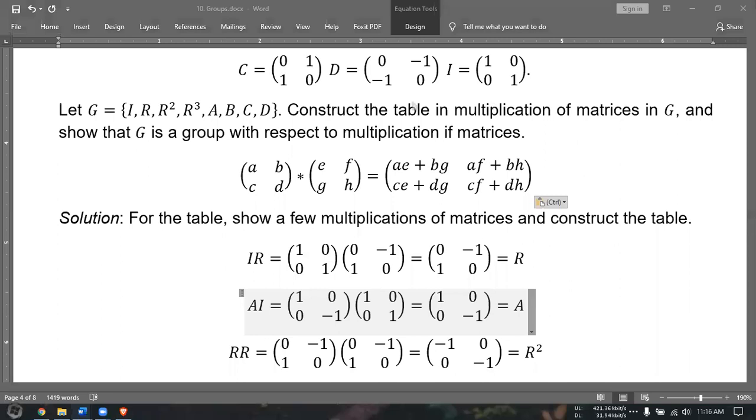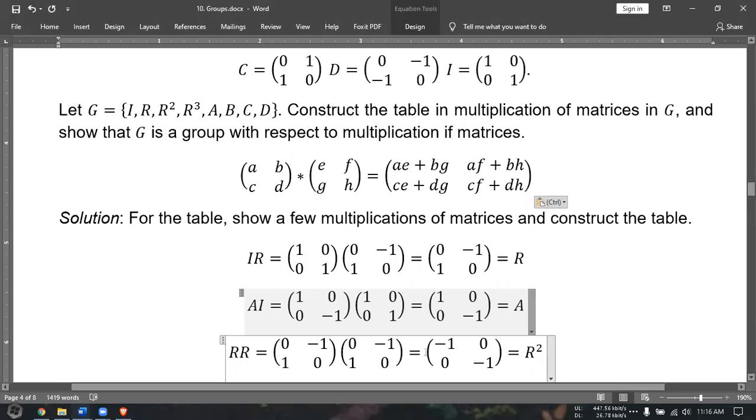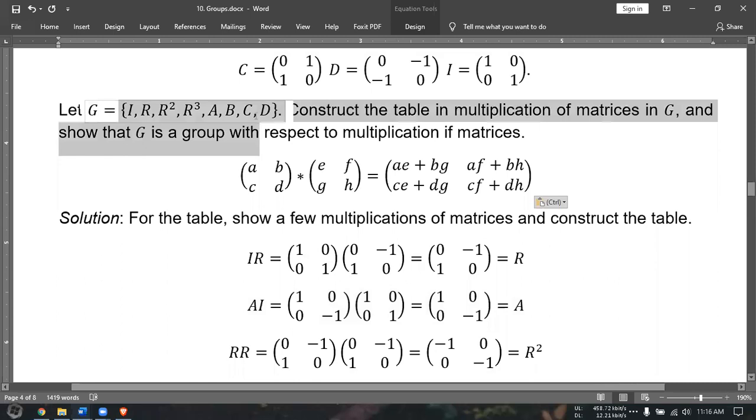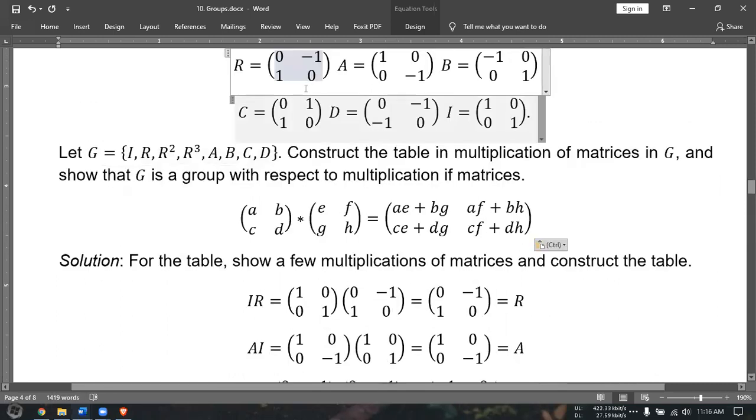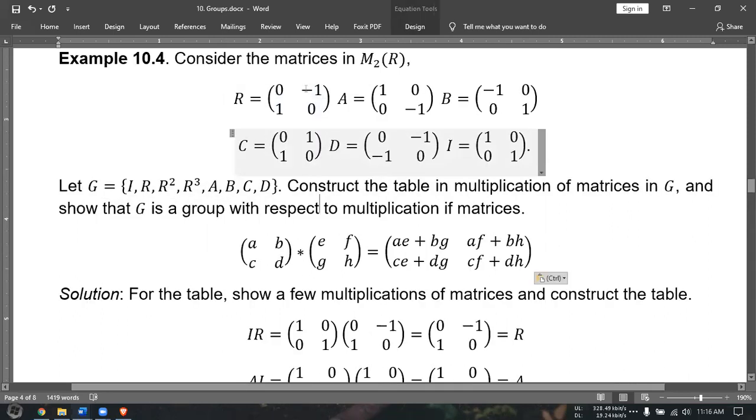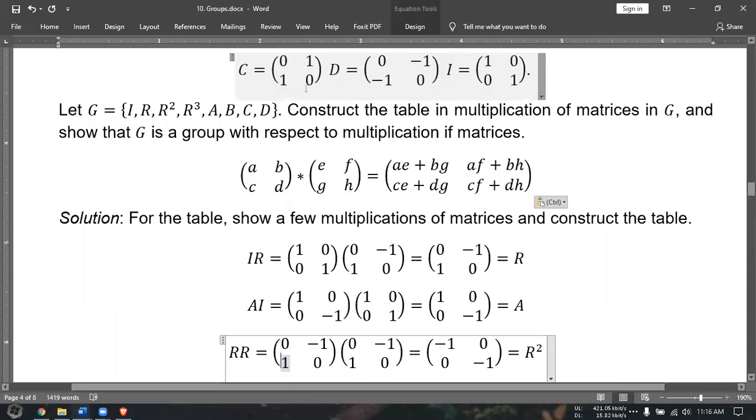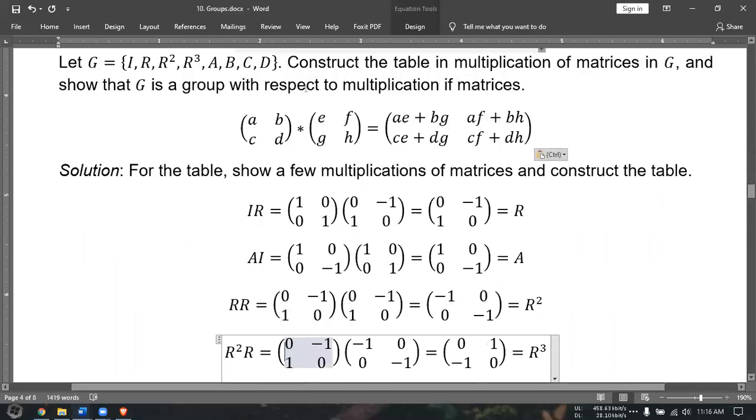Sige. R times R is R squared. So we have a new definition here that is not listed from our given, but R squared is still an element of our G. Don't be confused. Although there's no definition of R squared here, R squared is still an element of G. And R squared times R is R cubed.